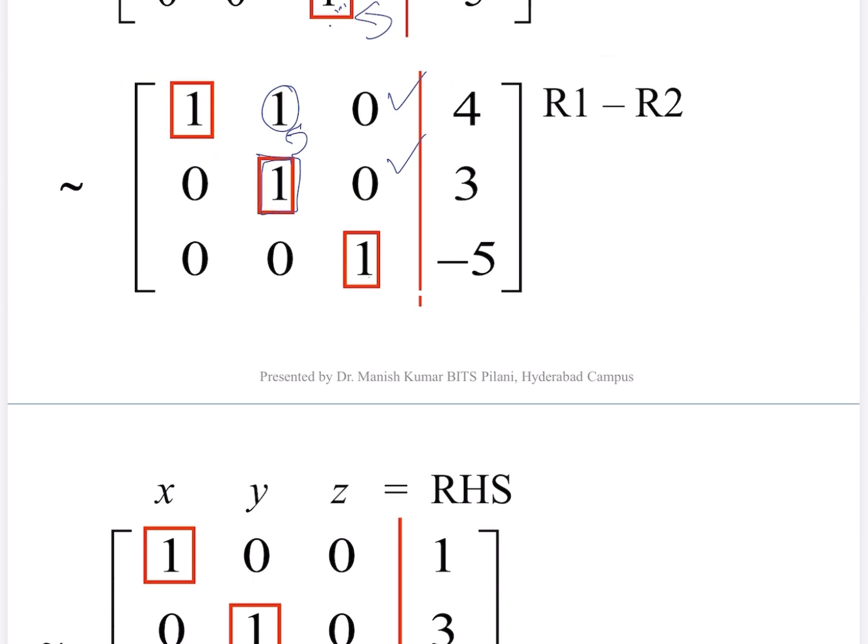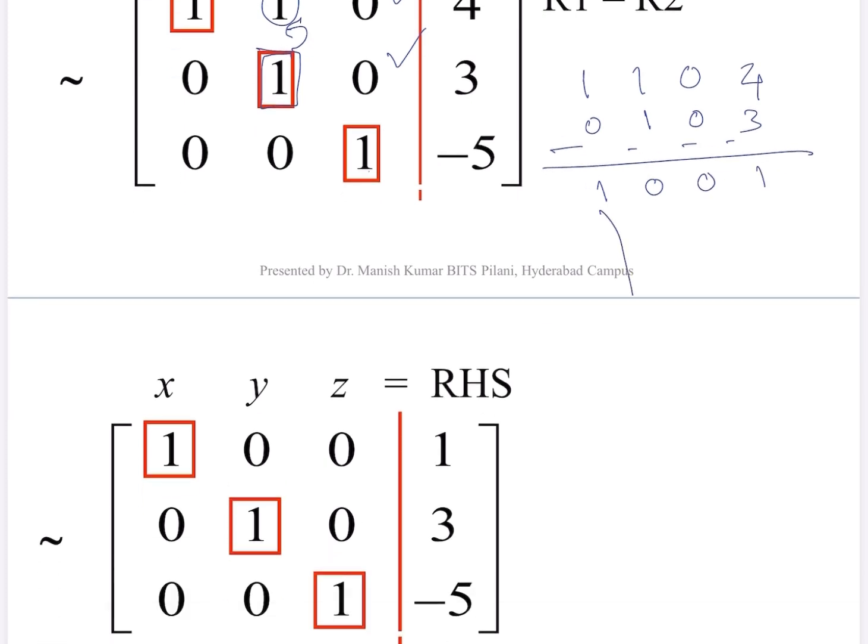If we subtract 0 1 0 3 from 1 1 0 4, we are going to get 1 0 0 1, which is nothing but this column 1 0 0 1.